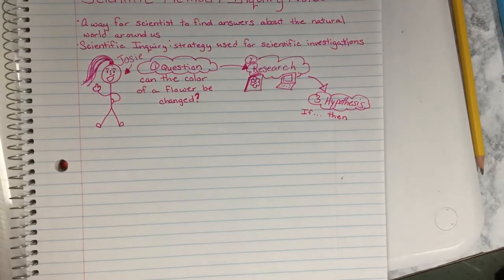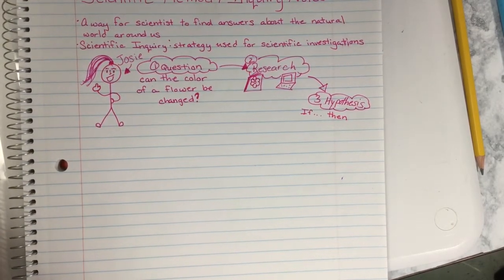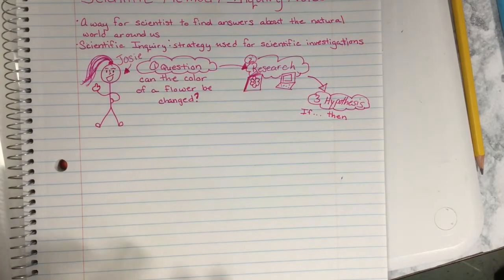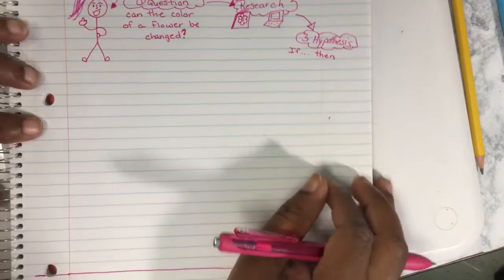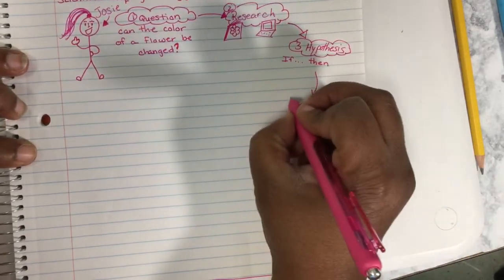So if I put a plant in a cup of dyed water, then the petals of the plant will change. Once she has her hypothesis, she's going to start her experiment.